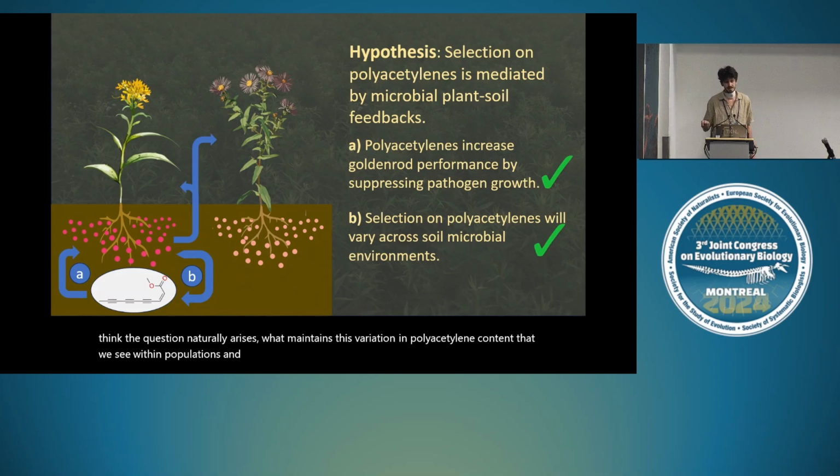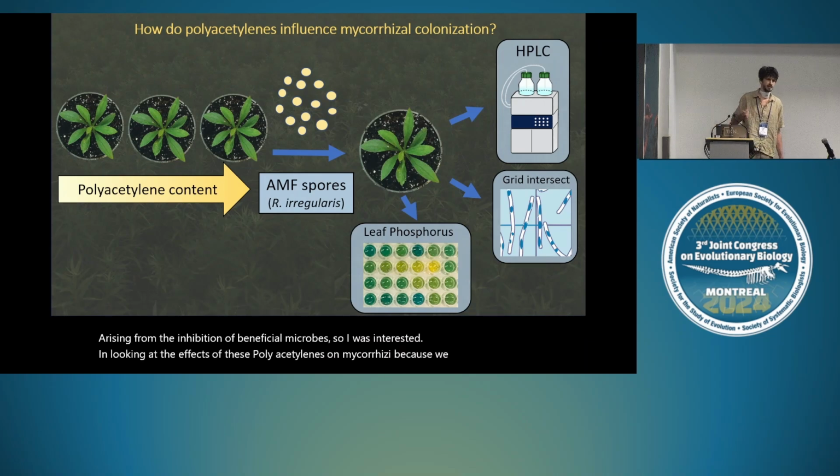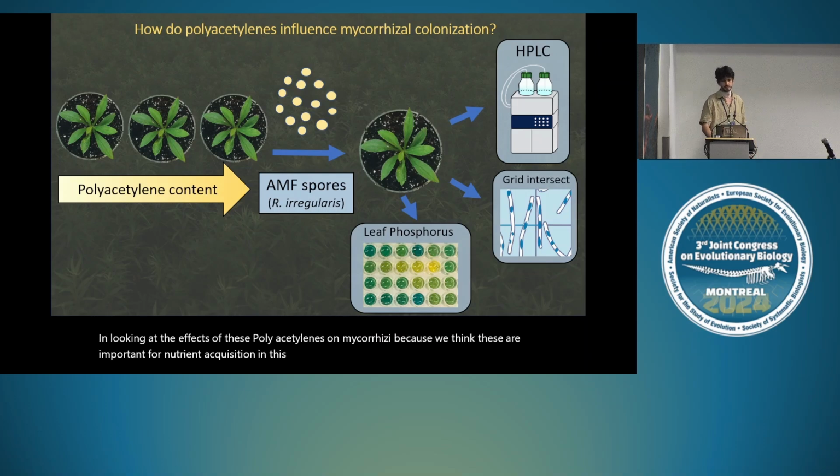There could be an energetic cost to polyacetylene production, perhaps, but there could also be ecological costs arising from the inhibition of beneficial microbes. I was interested in looking at the effects of these polyacetylenes on mycorrhizae, because we think these are important for nutrient acquisition in this system.